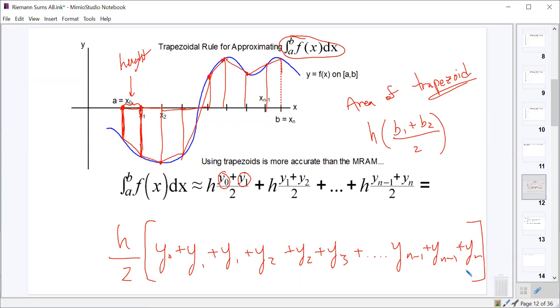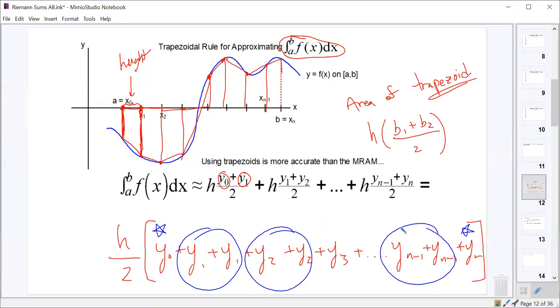True? Yep. Good. So we'll note that only y naught and y sub n, the endpoint intervals, only get used once, but all the other ones get used twice, right? True?